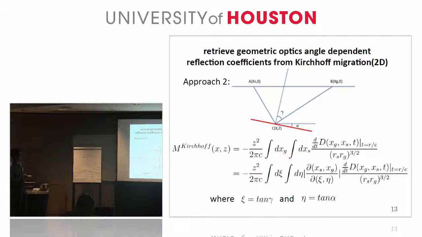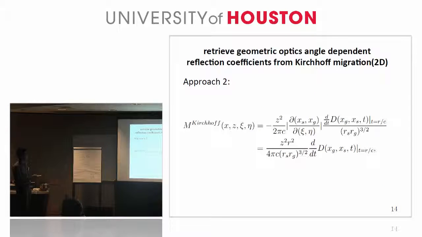And here, gamma is the incident angle and alpha is the if angle, and c and eta are the tangents of these angles. And we can change the integral over the source and receiver location to a new integral over the tangent of the incident angle and the tangent of the if angle to rearrange the Kirchhoff migration in this formula.